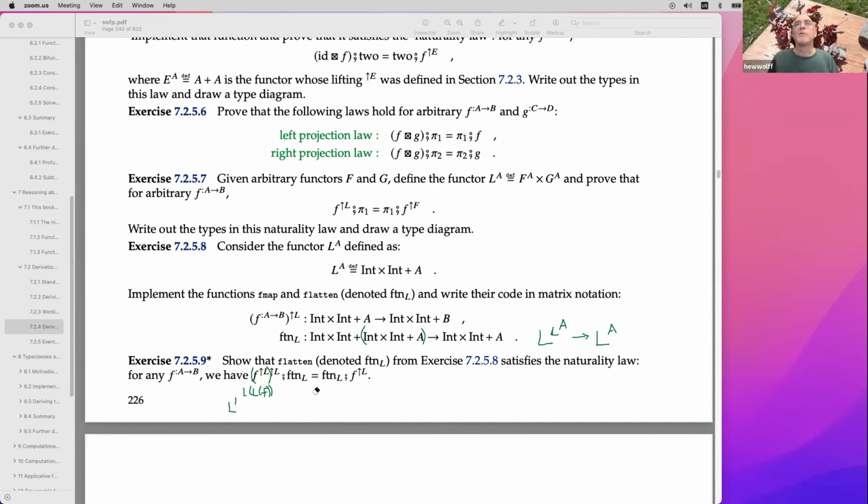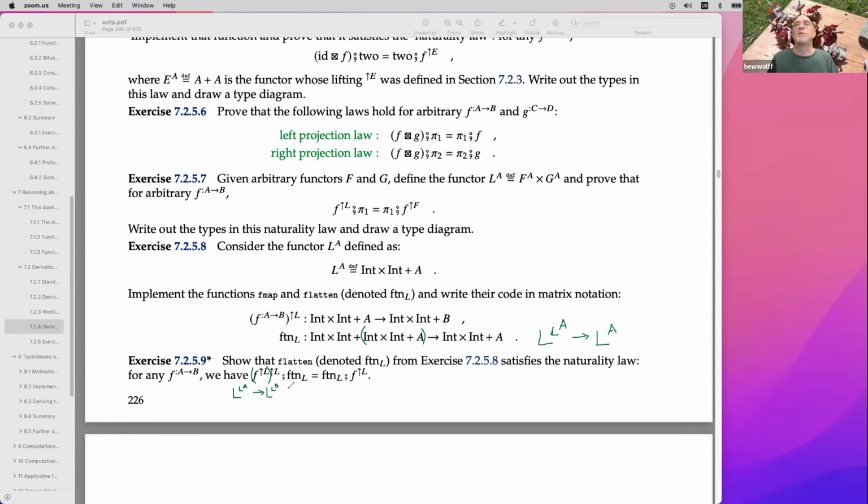Actually, it's two lines above. That F is that line, saying that what that lifted it, the type is. But this whole thing, the type of this, is from L of L of A to L of L of B.